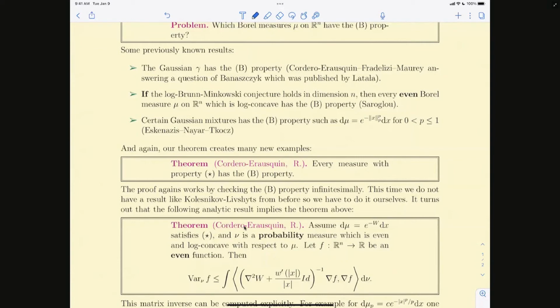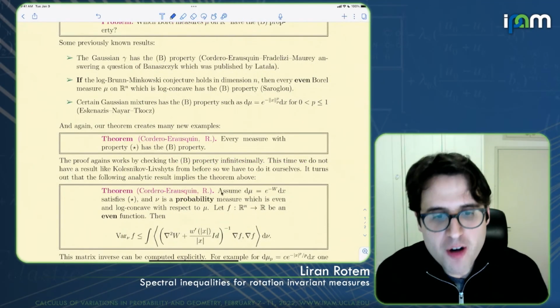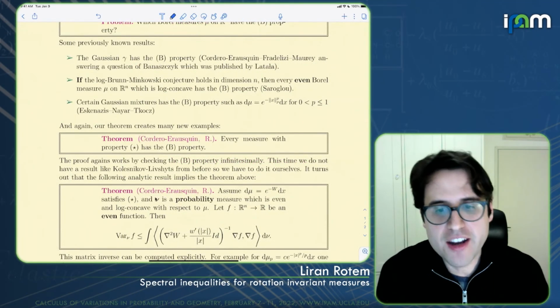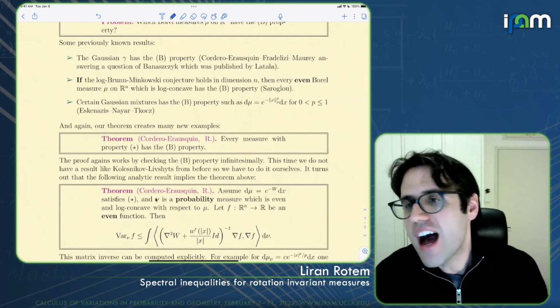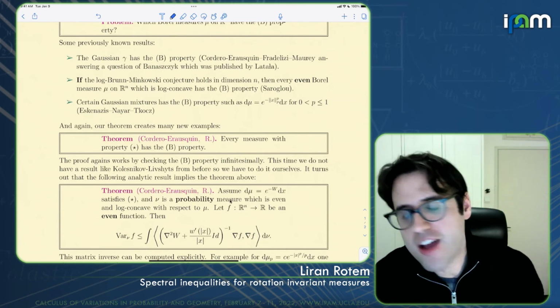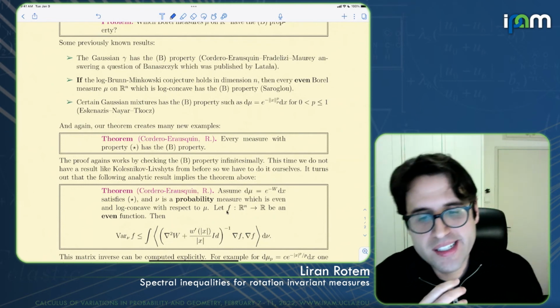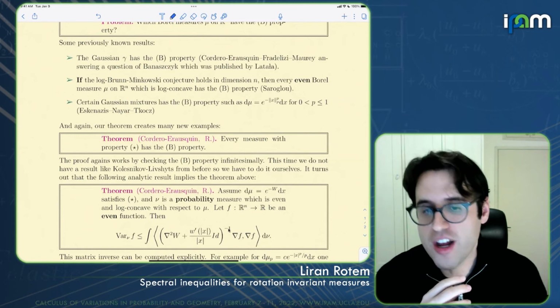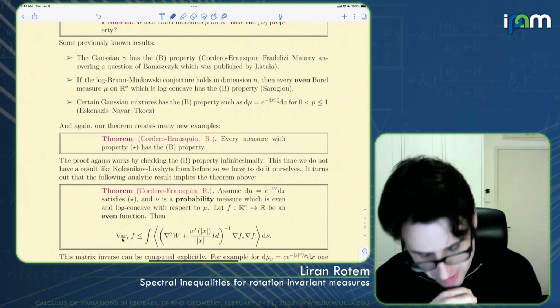This is a Brascamp-Lieb type inequality. What does it say? I assume that I have a measure mu that satisfies this property, and again, mu is log-concave with respect to mu, the usual assumptions. I normalize mu to be a probability measure just for simplicity. And then the statement is that for every even function, we have this Brascamp-Lieb type inequality.